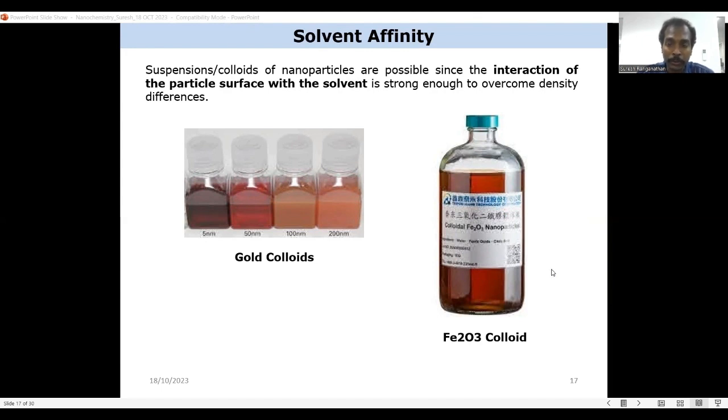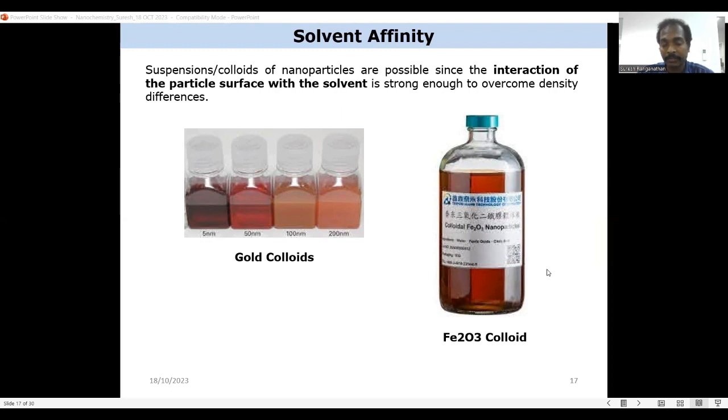So we should understand that the interaction between the solvent and the nanoparticles must be strong. Then only the density won't affect the colloidal solution. If the interaction is strong, we can get a colloidal solution.